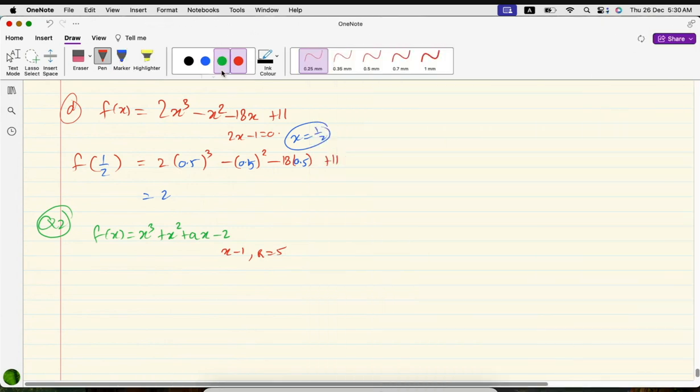So dividing by x minus 1 would mean the value of x is 1. 1 cube plus 1 square plus a into 1 minus 2. Remainder is 5. That's 1, 1, a, and minus 2. So minus 2 and plus 2 cancel out. a is equal to 5.